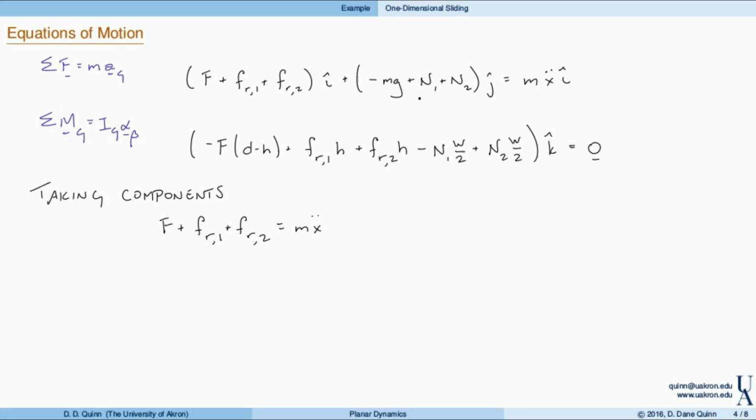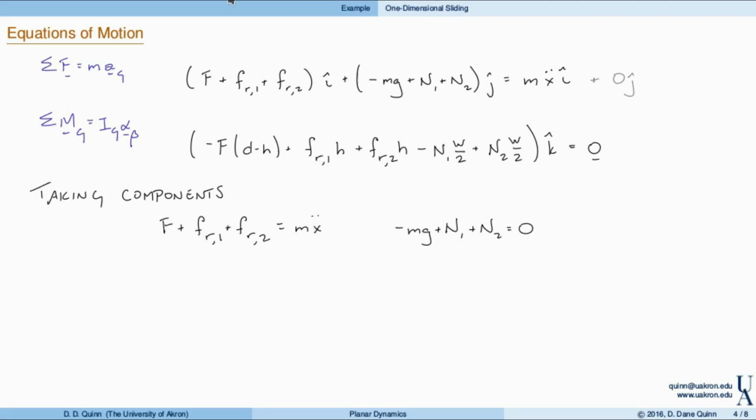Then, in the j direction, we have minus mg plus N1 plus N2 equals 0, because of course there's no j component in the acceleration, so we effectively have 0 in the j direction here.